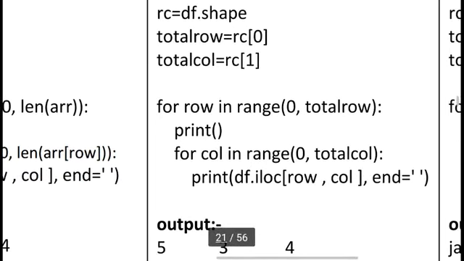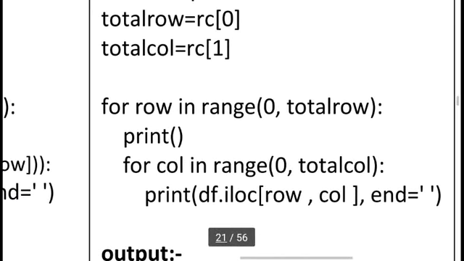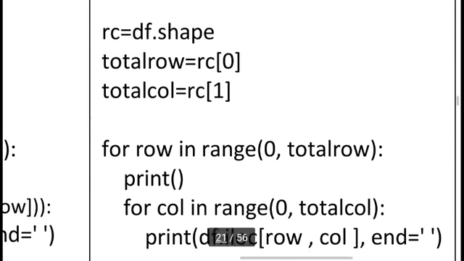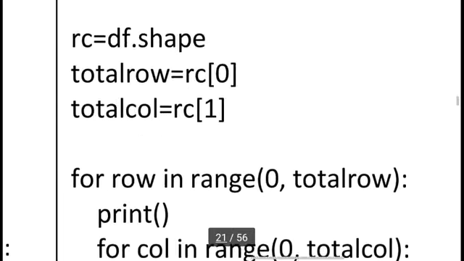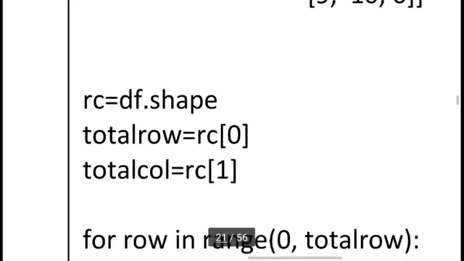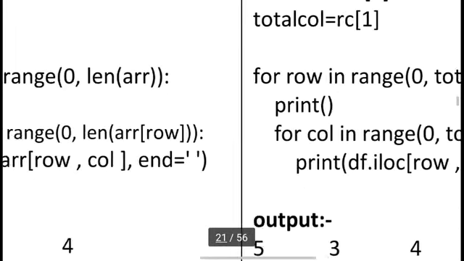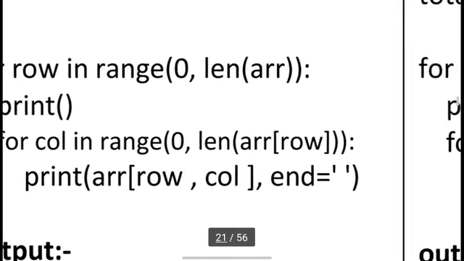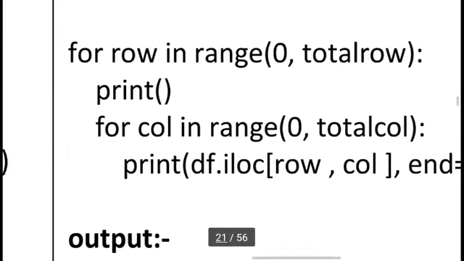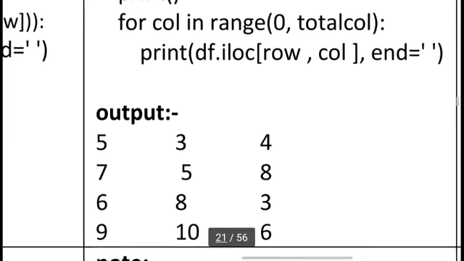Here again I am using the same thing, outer loop and inner loop, total rows and total columns. Here I am using df.iloc because this is our data frame. In the numpy 2D array we used row and column directly, but here I am using iloc. So iloc is always used with a data frame. The same output you can see here.